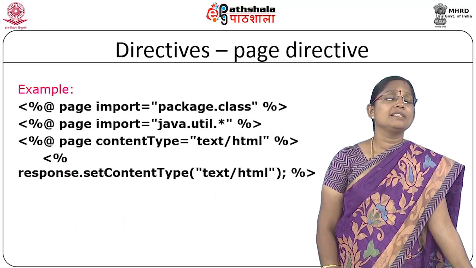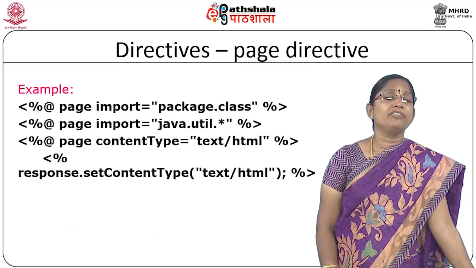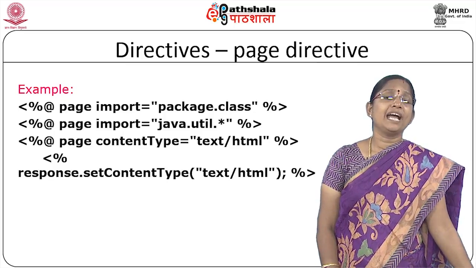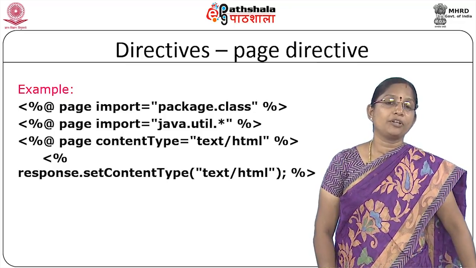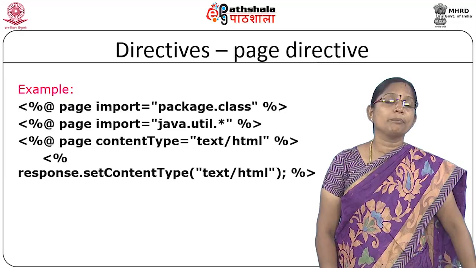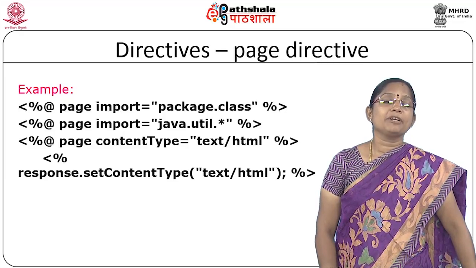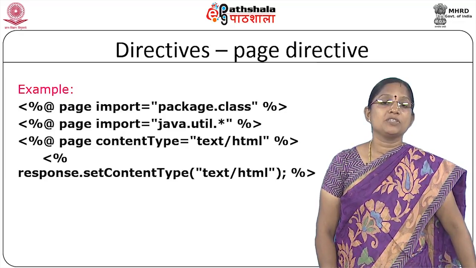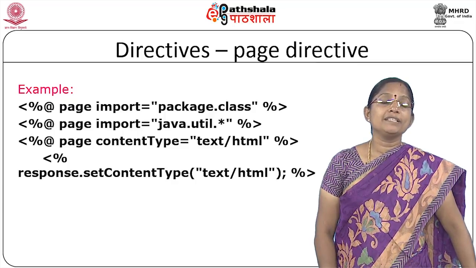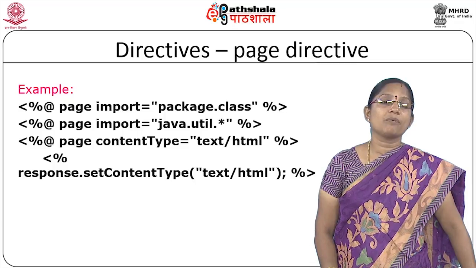Now, you can see some examples for it. For the page directive, one of the attributes is the import attribute. Suppose I want to import a particular package, that is java.util, into my JSP page, then I can use page import equal to java.util.